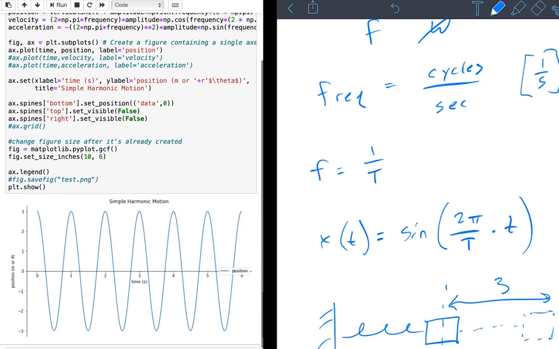So what our graph looks like: we start at 3, let go, it's going to go across the equilibrium to -3, so it's going to start here, go all the way over here, where this distance is 3. It's just negative because it's on the left side of our axis. And then it's going to come back and forth and back and forth. Simple enough.